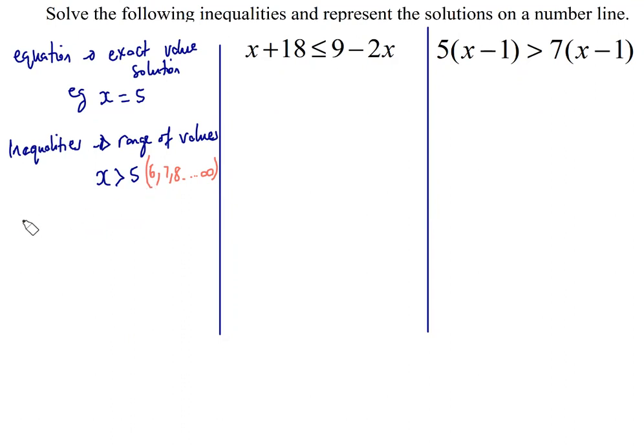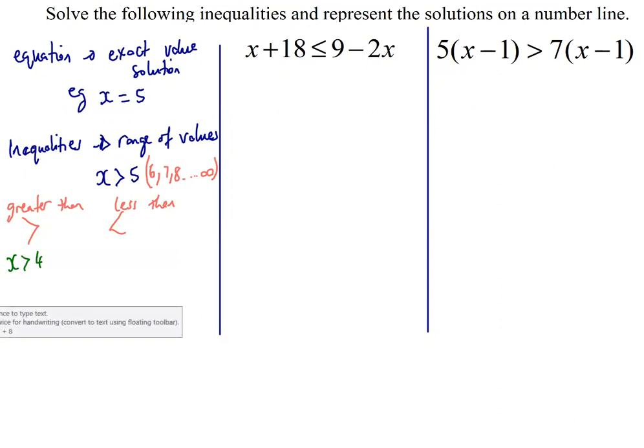Okay, so let's also know the sign. So here it means greater than. Then this one means less than. So if we say x greater than 4, it means that these values are from 5, 6, and it goes on like that.